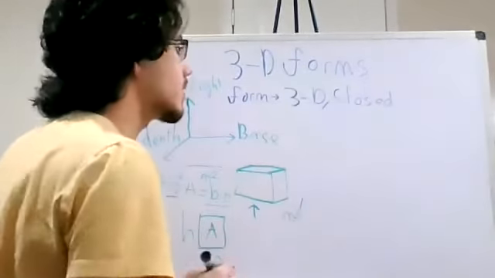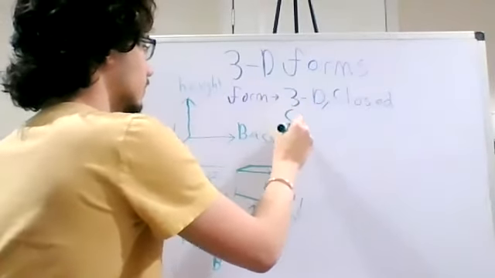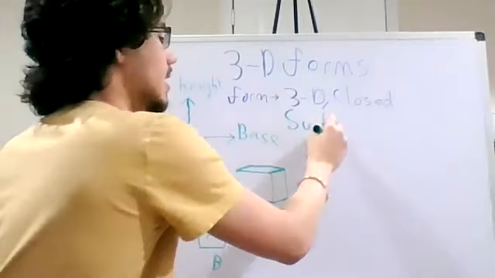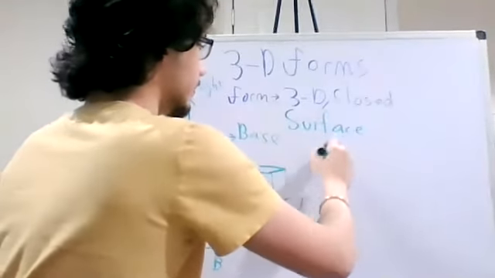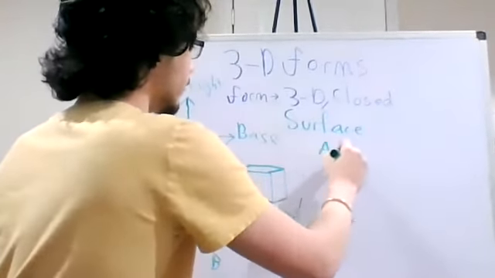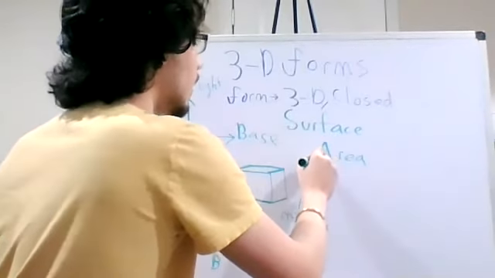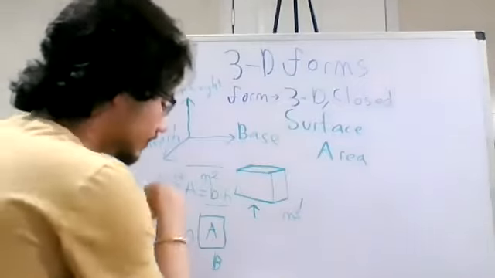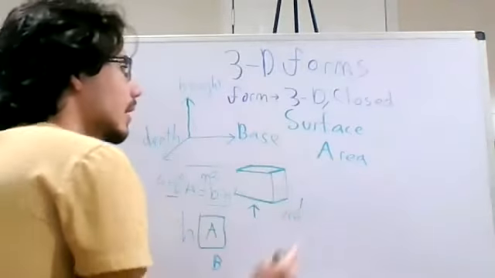So now we can talk about surface area. Surface area is far easier than volume, and we don't need to go over all the different forms with surface area because they follow the same general idea.